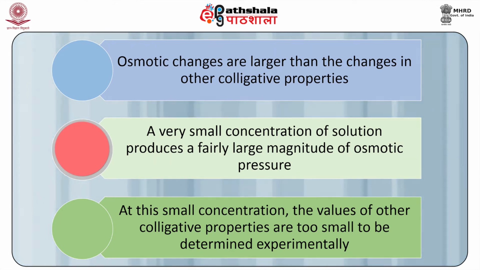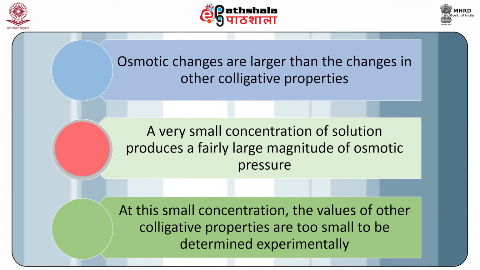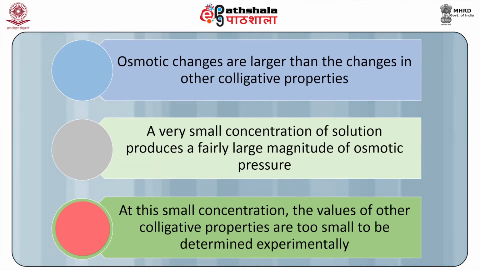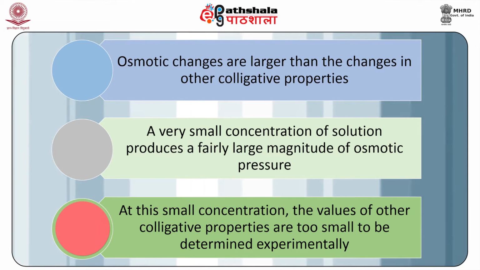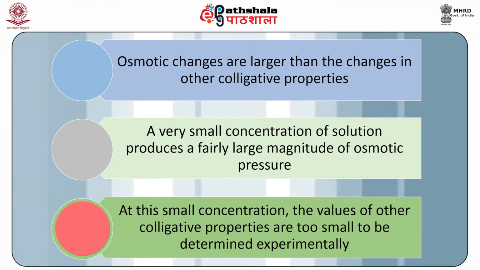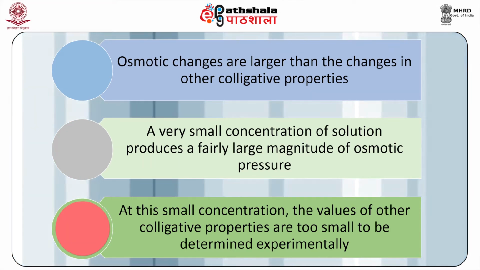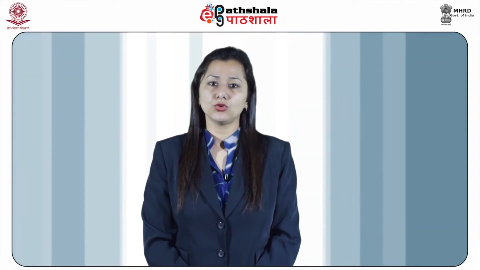This is due to the fact that even a very small concentration of the solution produces a fairly large magnitude of osmotic pressure, while at this small concentration the values of other colligative properties such as boiling point elevation and freezing point depression are too small to be experimentally determined. Thus, the osmometry technique is more useful and more widely used than any other colligative technique for polymer systems.